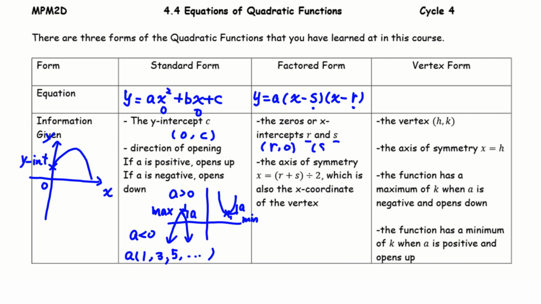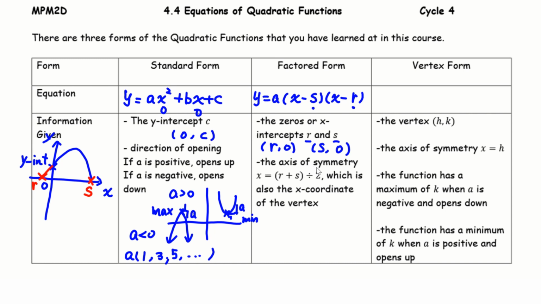And if we sub in s in this factor form, s minus s gives you 0, so 0 times anything gives you 0, and y is 0. So the zeros represent y equals 0. So if we extend it here, these 2 points will be your r and s, the x-intercepts.